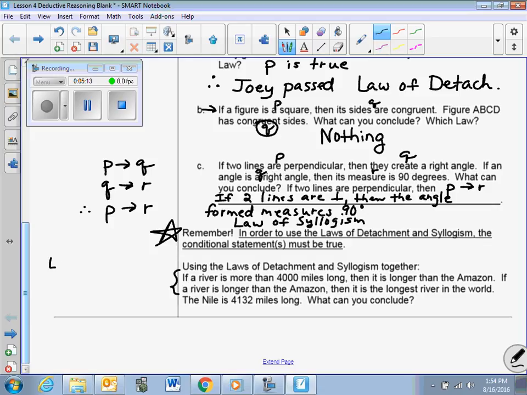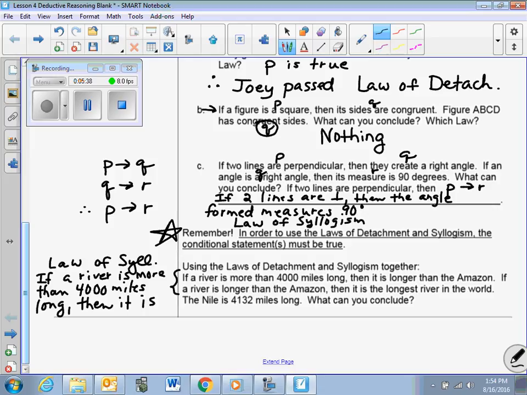We can say, by the law of syllogism, that if a river is more than 4,000 miles long, then it is the longest river in the world. Law of syllogism. If P then Q, if Q then R, then if P then R, then it is the longest in the world.